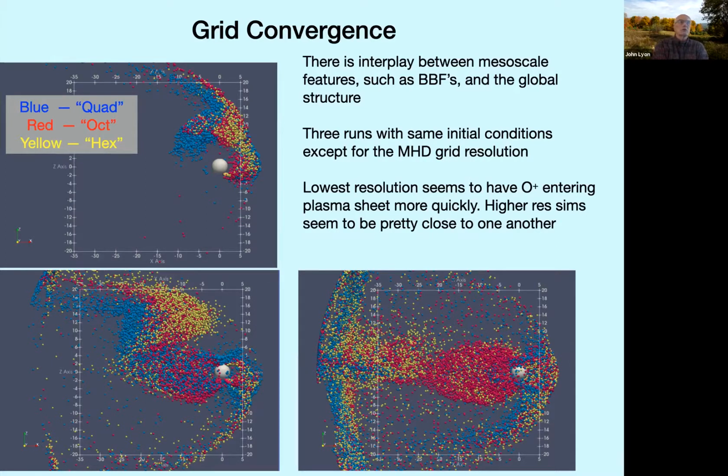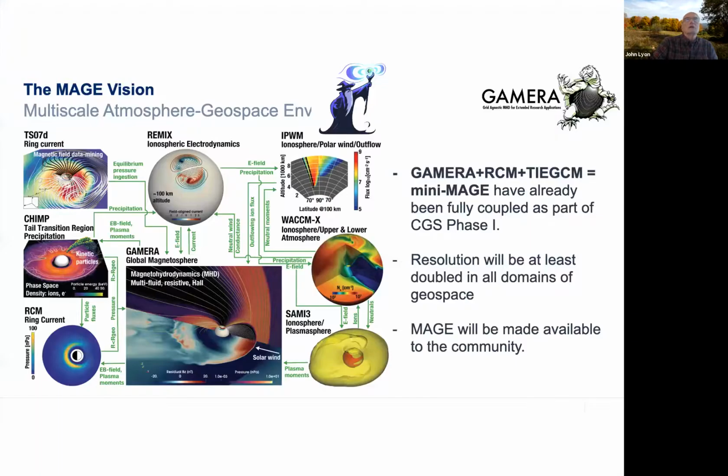And the blue is clearly very different from the red and yellow, but it looks as though we're starting to get comparable results with the oct and hex resolutions. Okay.